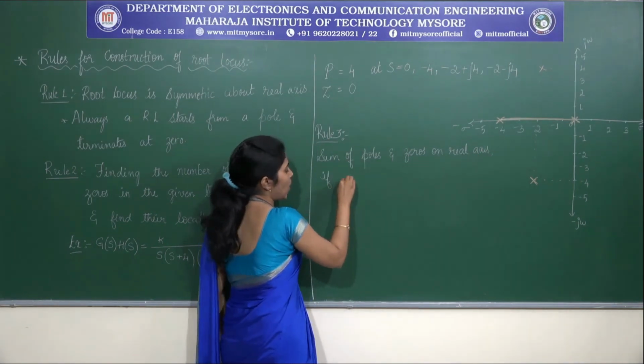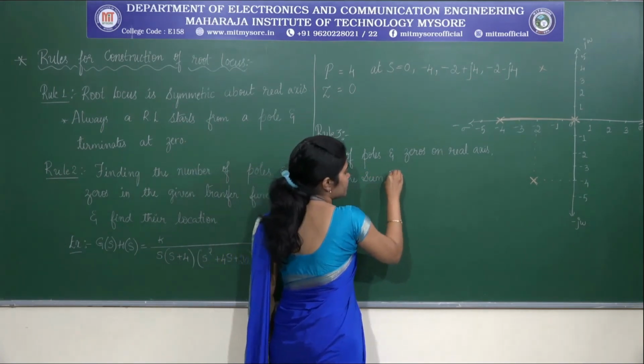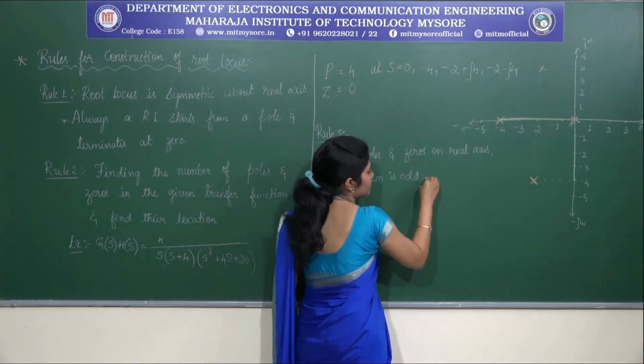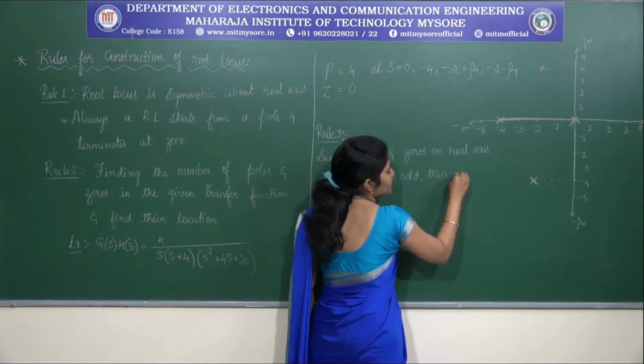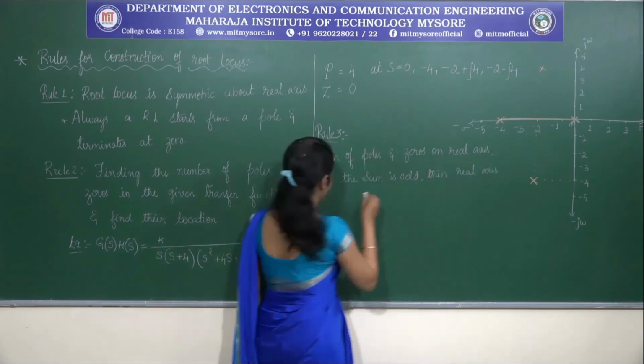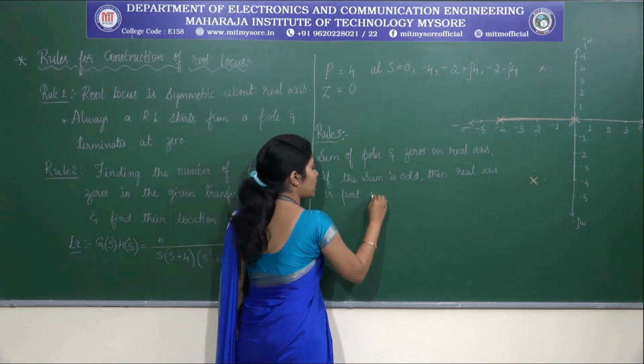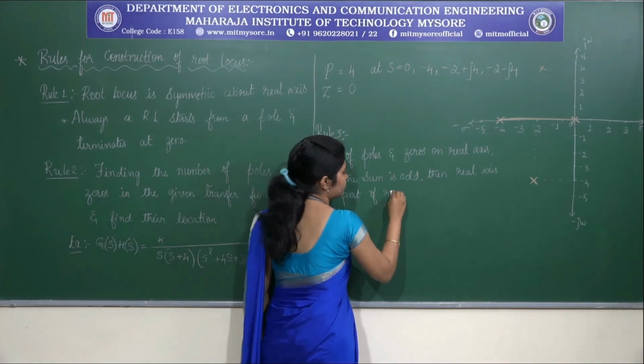If the sum is odd, then the real axis is part of root locus.